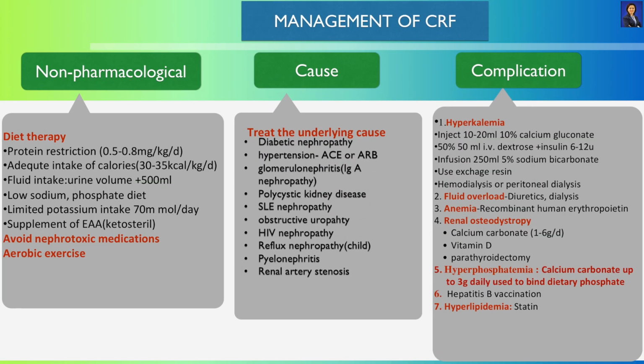Pharmacological conservative management in the early stage of chronic renal failure: you have to treat the underlying cause of the chronic renal failure, treat reversible causes, and prevent or treat the complications. In non-pharmacological management, especially diet therapy, you need to educate the patient and refer to the nutritionist as well to calculate protein restriction, sodium restriction, phosphate restriction, and potassium restriction.